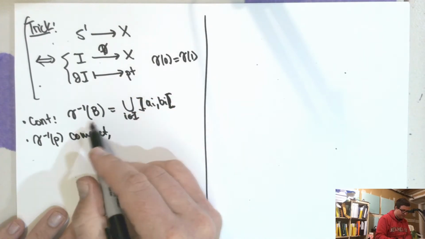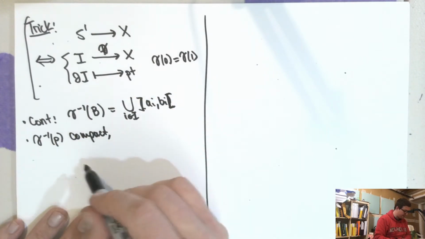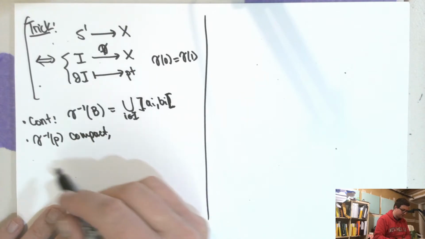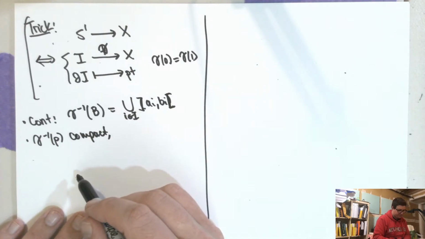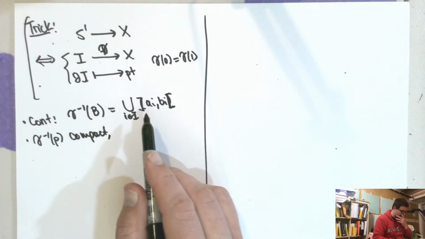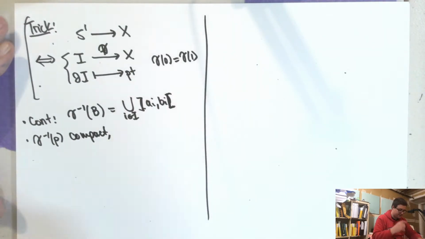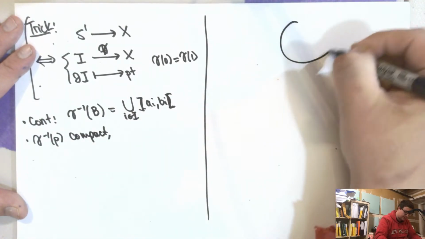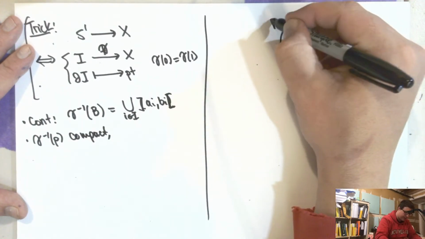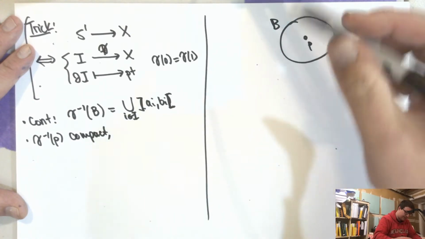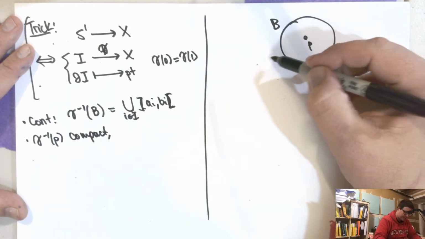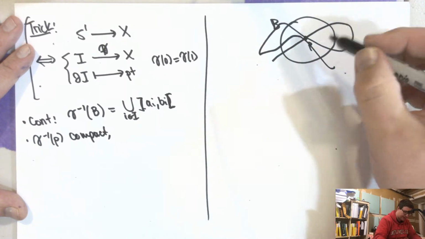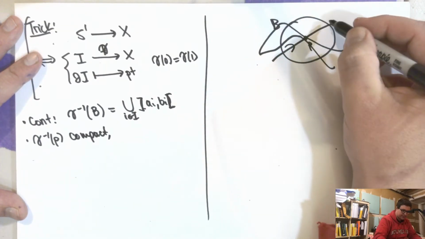So we can find a finite subcover of the inverse image of this point. So this means that there's only going to be a finite number of times that it'll swipe through. Here we could have our ball and our point, and the thing we could be concerned about is that it goes through, and goes through again, but it goes around.